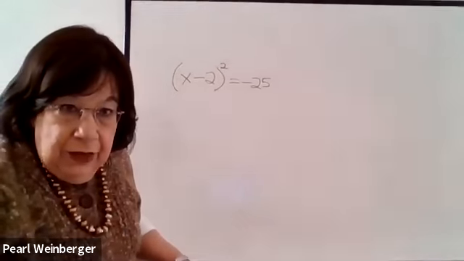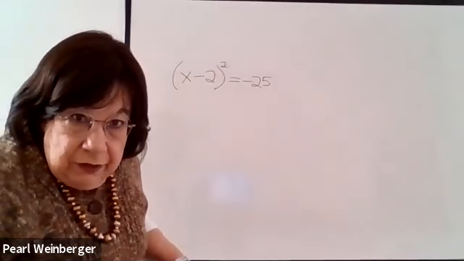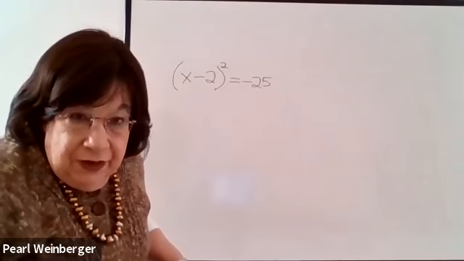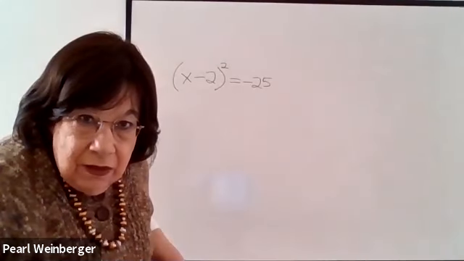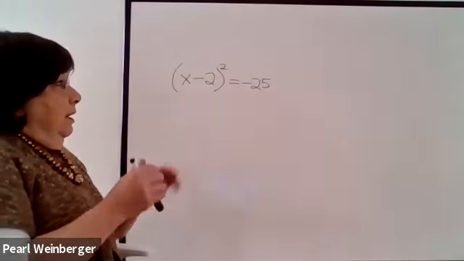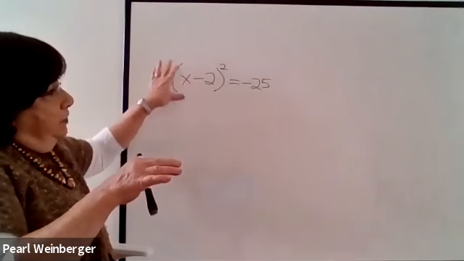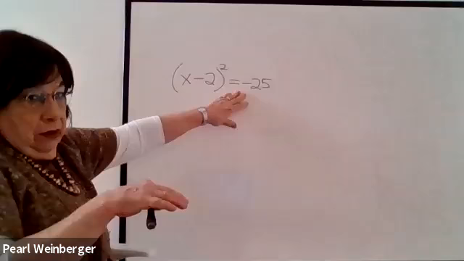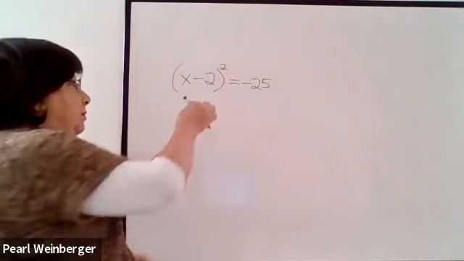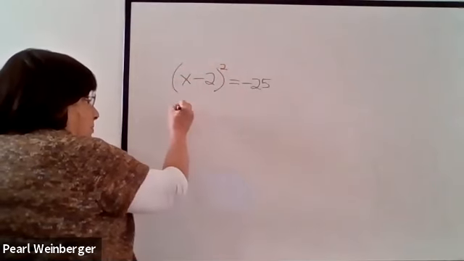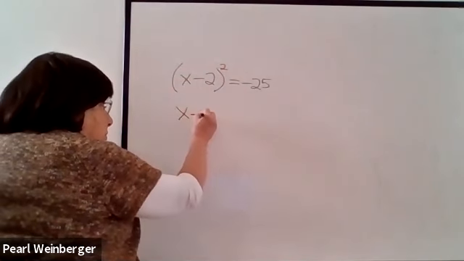Okay, I see that we already have an answer. Let's see if we can work it out. It's again set up where we have something squared equaling a number. So we can use our square root method. On this side, we'll just get the x - 2.